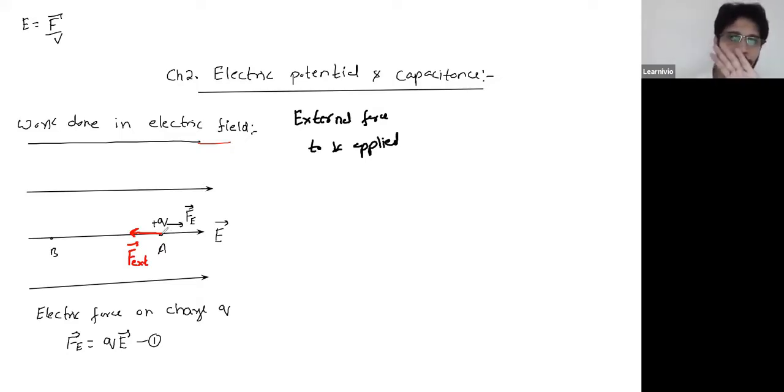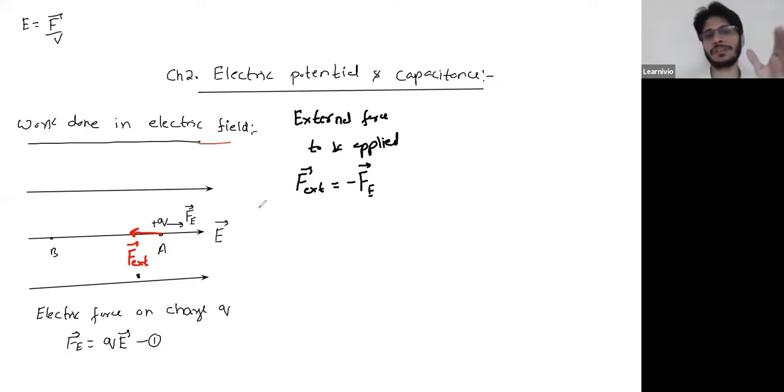We want to move this charged particle in a direction opposite to that of the field, so you have to apply an external force. What should be the minimum value of this external force? Not more than Fe. The external force will be exactly equal to minus Fe.